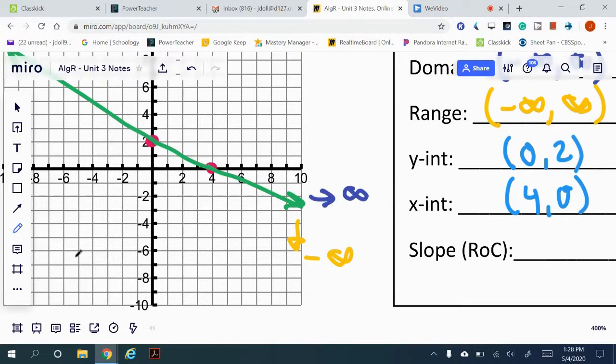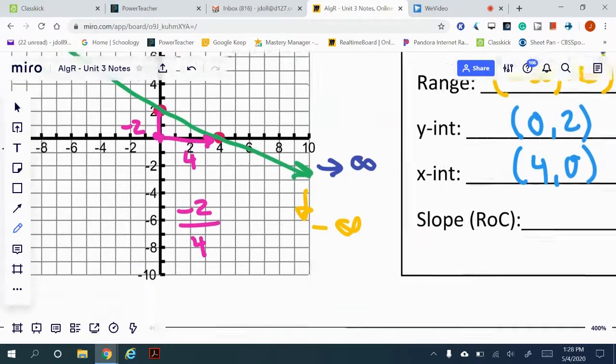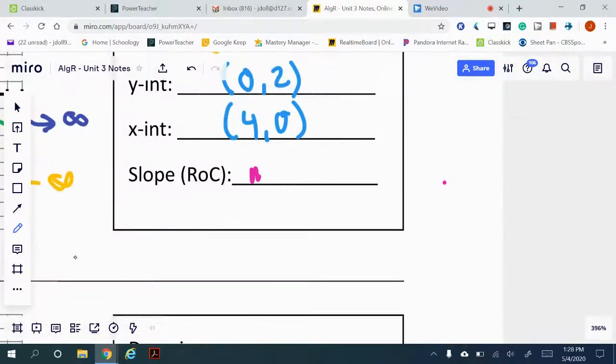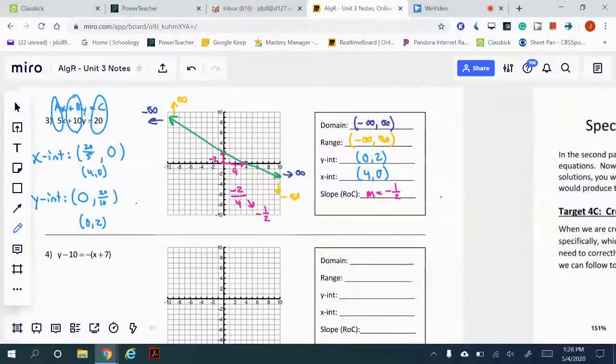So reading left to right, going from this point to this point, I'm going to go down 2, there's my rise, negative 2, and to the right, 4. So that is a rise of negative 2 over a run of 4, and that can be simplified to negative 1 over 2. So by counting the slope on our graph, we get a slope of negative 1/2.